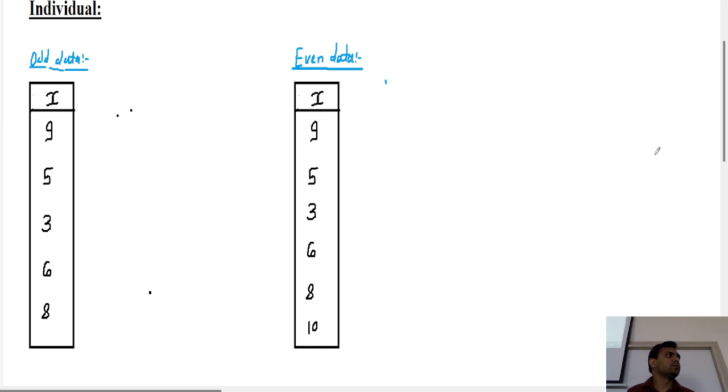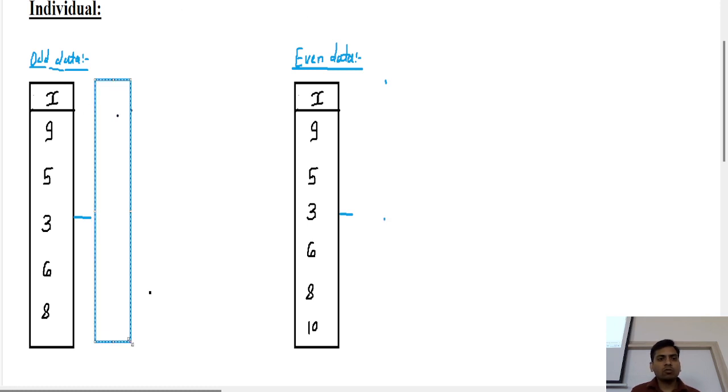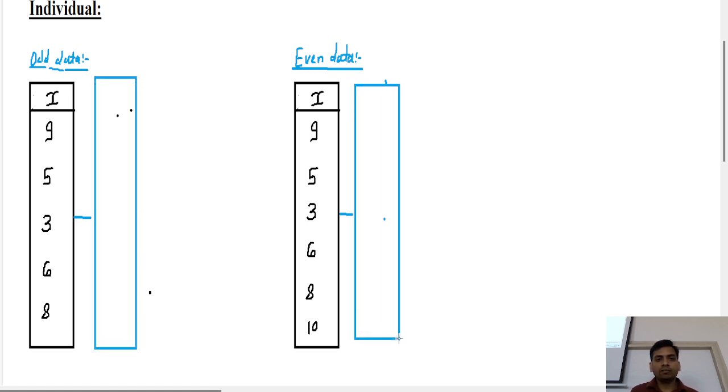So we are converting both data sets into ascending form.